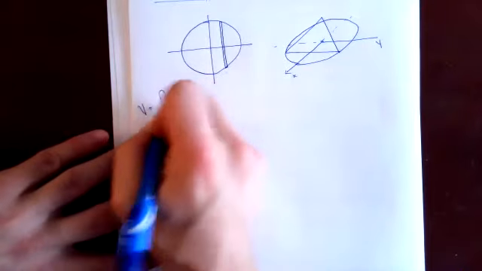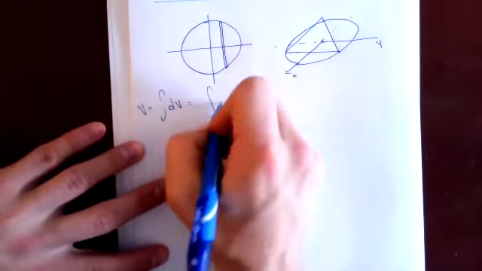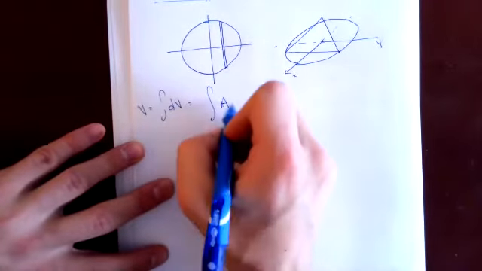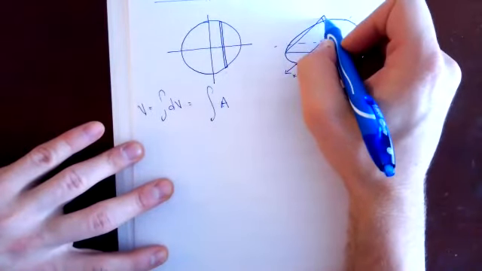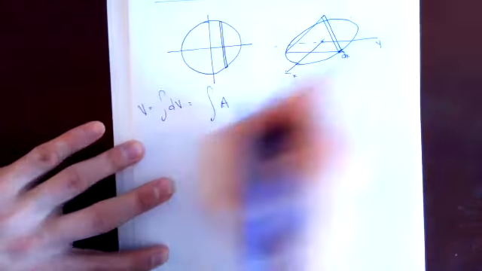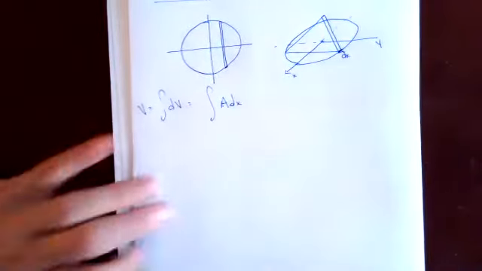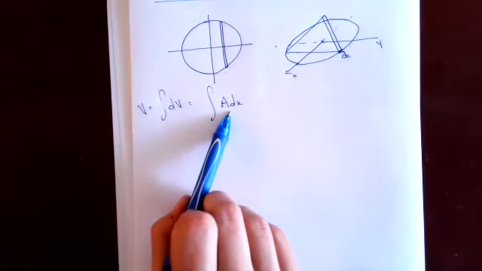So our volume is the integral of dV, which is the integral of the cross-sectional area. And again, because we are perpendicular to the x-axis, the width of those slices is going to be dx. This will always hold for all of these cross-sectional area problems.